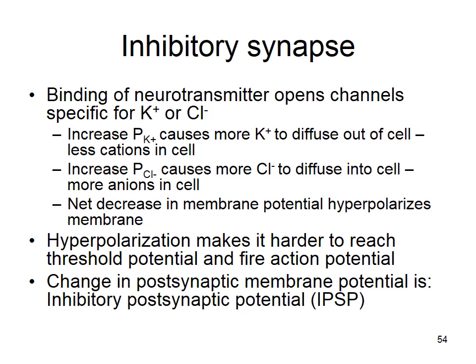When you hyperpolarize a cell, you make it harder to reach threshold potential, and therefore less likely to fire an action potential. Those hyperpolarizing graded potentials that result at inhibitory synapses are called inhibitory postsynaptic potentials, or IPSPs.